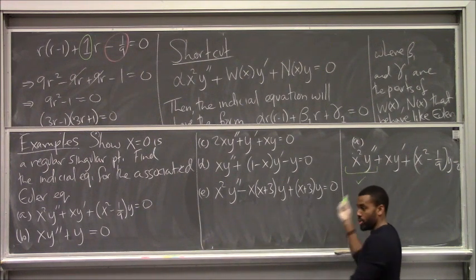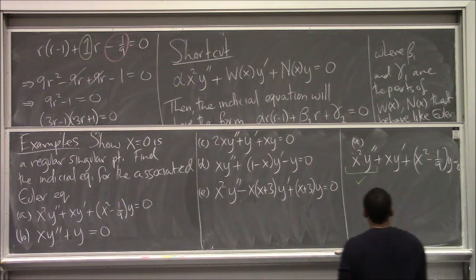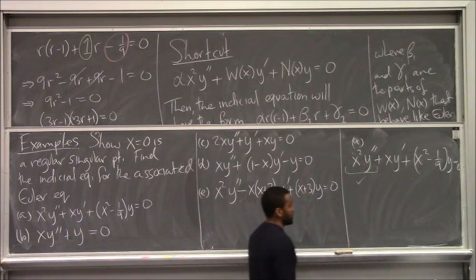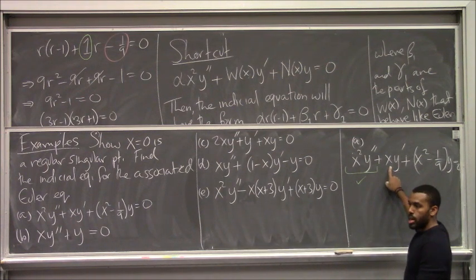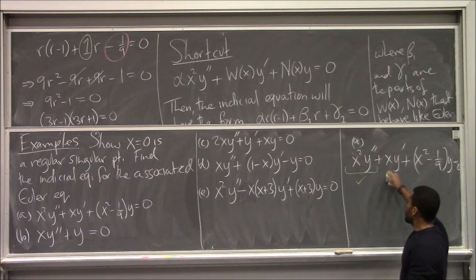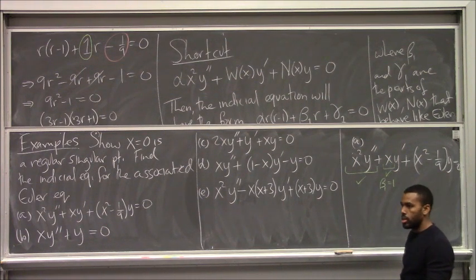Which means I just need to make sure these two guys are behaving themselves. Now, what should the beta term look like? Well, it's a constant term times an x. This already is a constant term times an x. So that actually has a nice form. Here, then, my beta 1 is just 1, because that would be the constant.